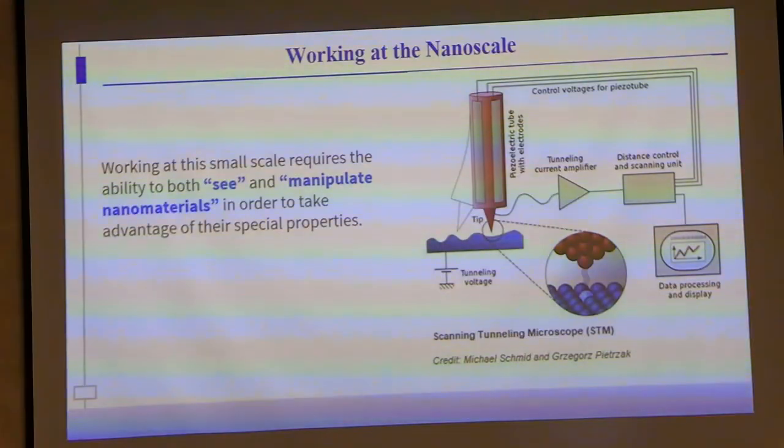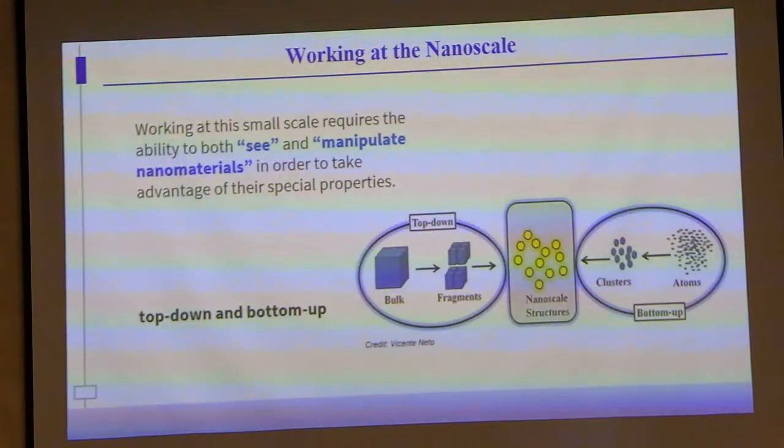What about manipulating? These nanomaterials can be manipulated in two different ways. One is bottom up, and the second is top down. In bottom up, you can start from a single atom and create a nano-sized structure. For example, you start with a simple precursor at atomic scale, and you can end up with quantum dots or nanomaterials, etc. The second is top-down.